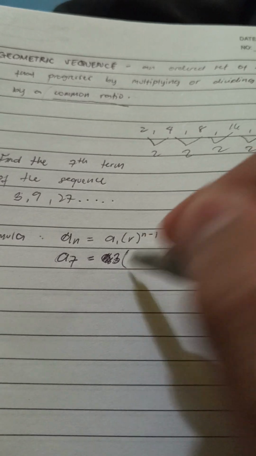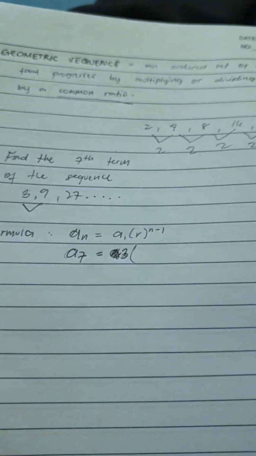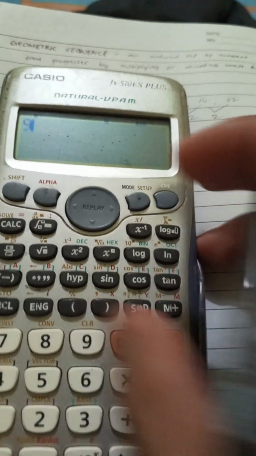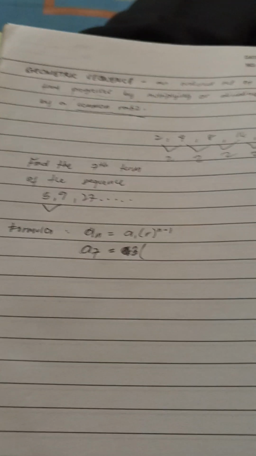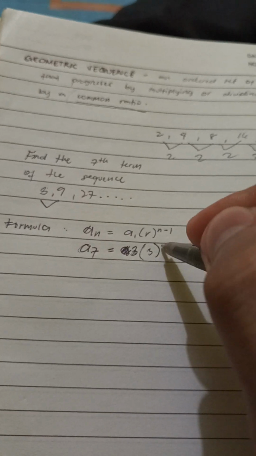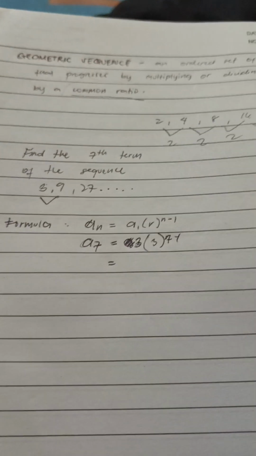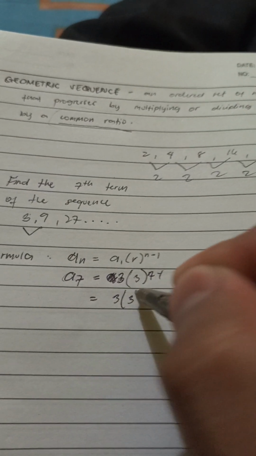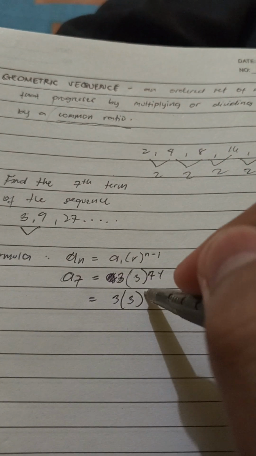Then our common ratio: we first need to find it. We simply divide 9 by 3, so our common ratio is 3. Then 7 minus 1. First, we subtract this part. 7 minus 1 is equal to 6.